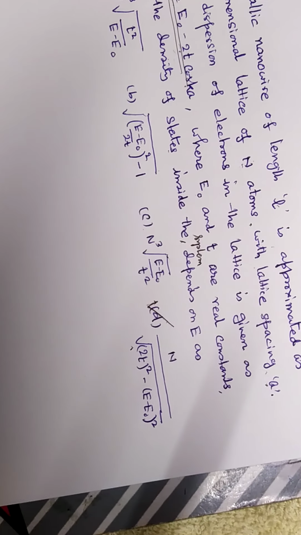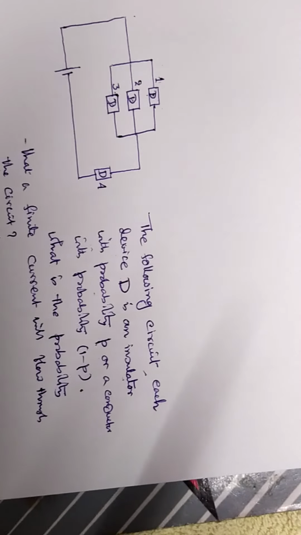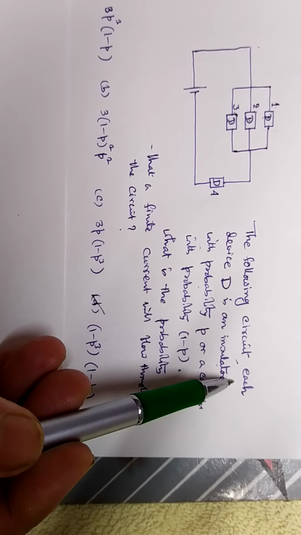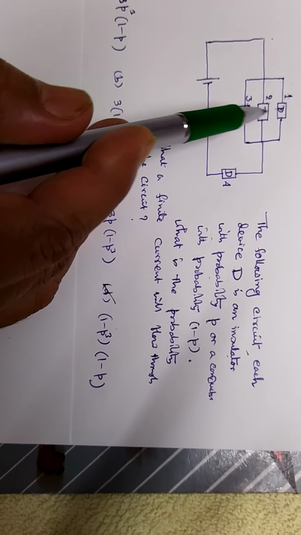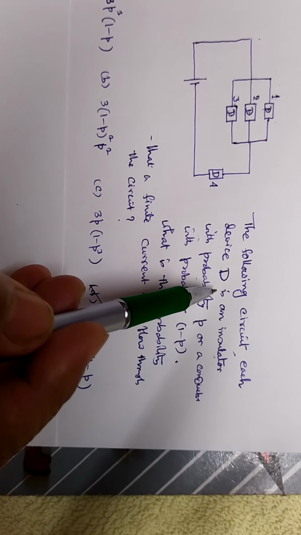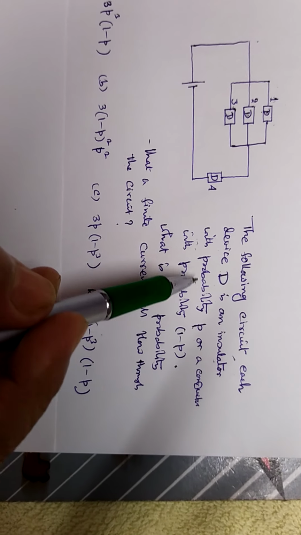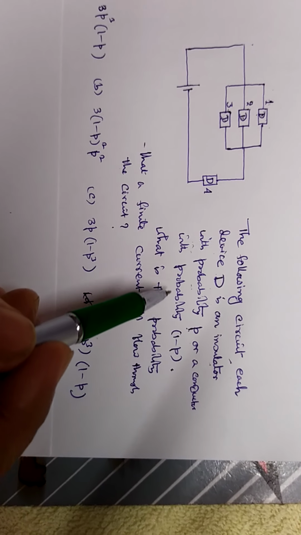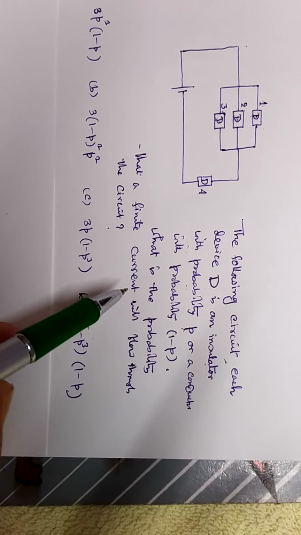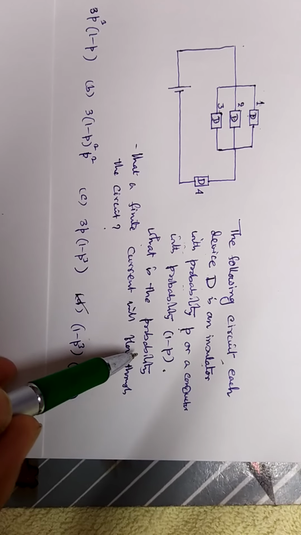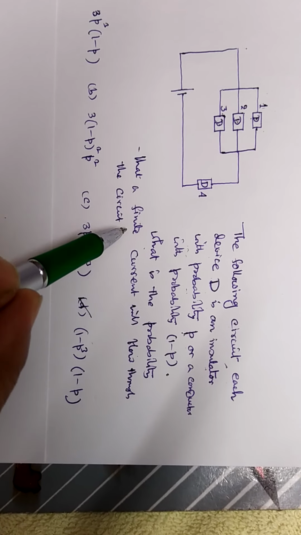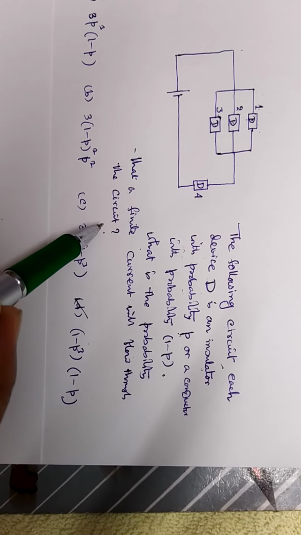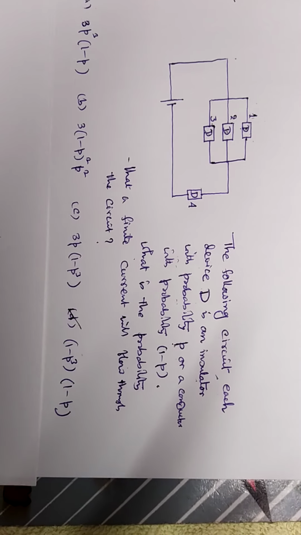Let us read the question carefully. In the following circuit, each device D is an insulator with probability P or a conductor with probability 1 minus P. The question is, what is the probability that a finite current will flow through the circuit?